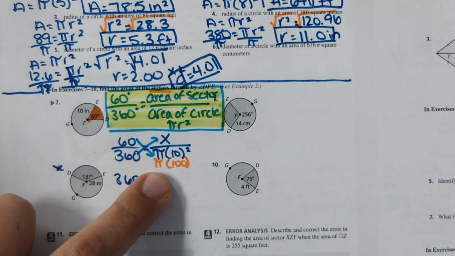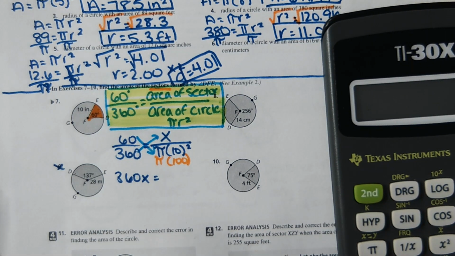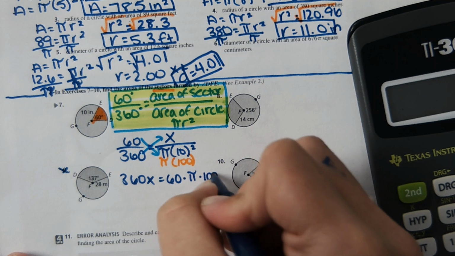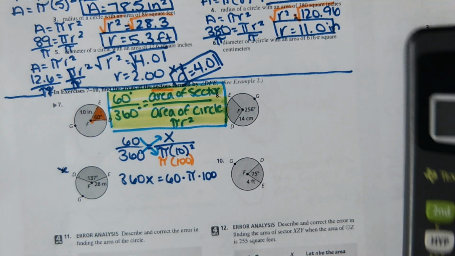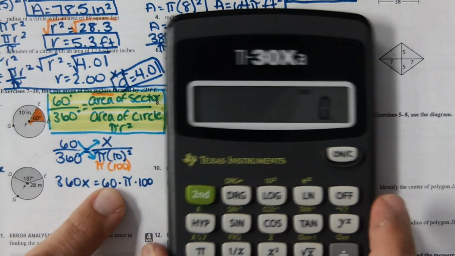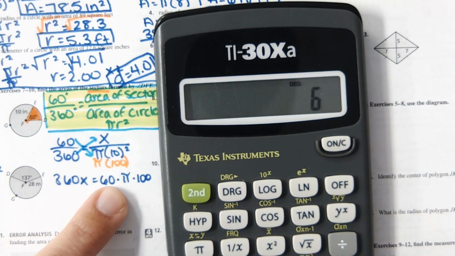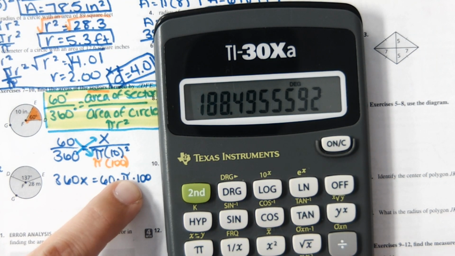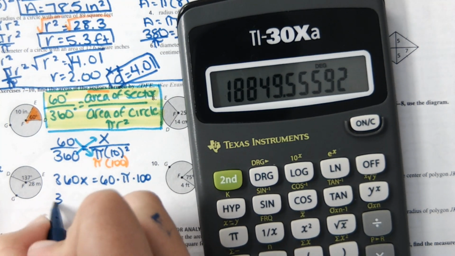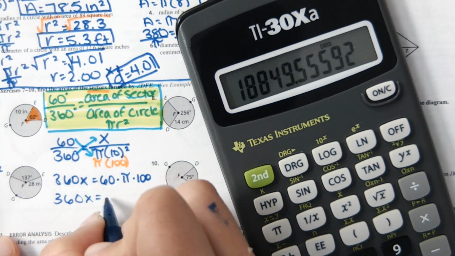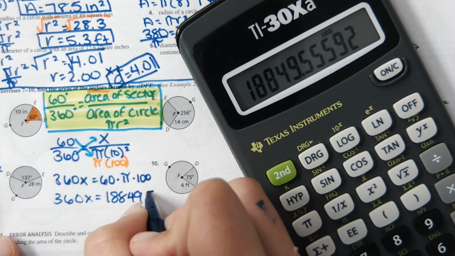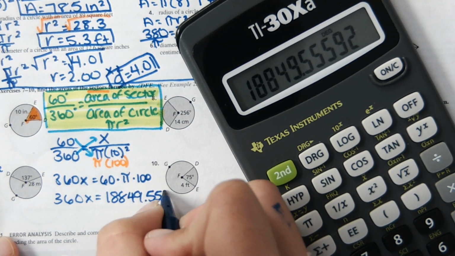So I'm just going to have this as pi times 100. When I multiply this, I'm doing 60 times pi times 100. I'll do 60 times the pi button times 100, and it comes out to this number. So I have 360x equals 18849.556.